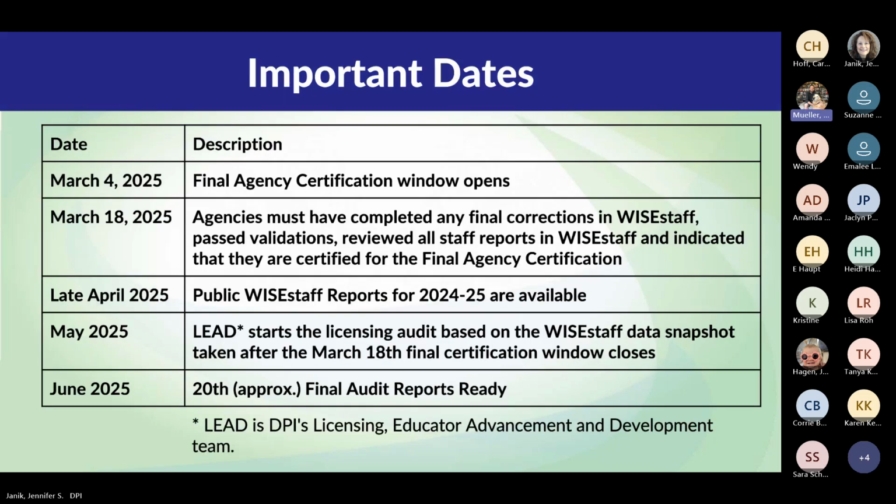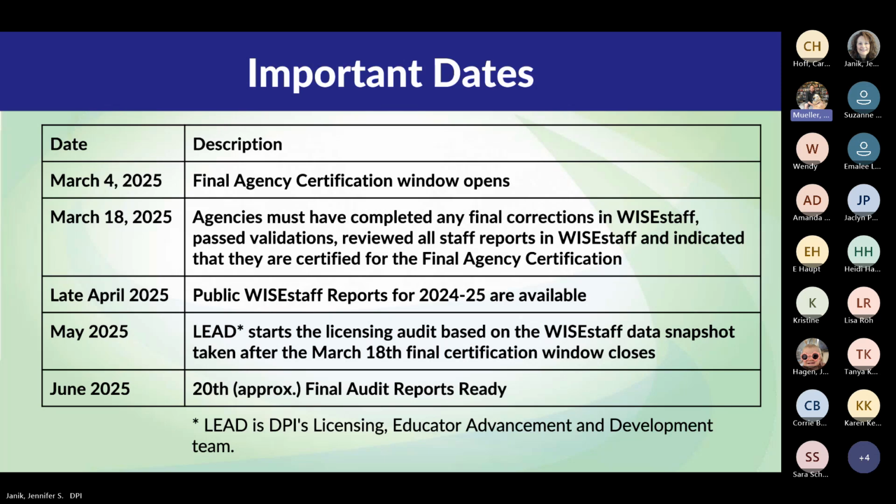All right. So here's the calendar for the remainder of this school year. You'll find these dates within the WISEstaff on the home overview page and on the WISEstaff reporting information page on the DPI website. The window for submitting your final certification will open on March 4th.